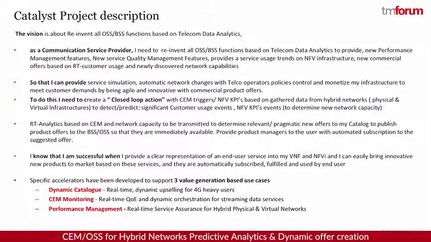Our Catalyst project is about reinventing the telco function, from the OSS and the BSS parts, in terms of fault management, performance management, and particularly for the NFV network, to make it more relevant in terms of service for the customers, and also service assurance, and more.